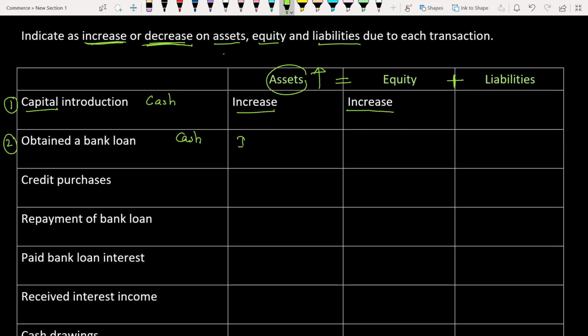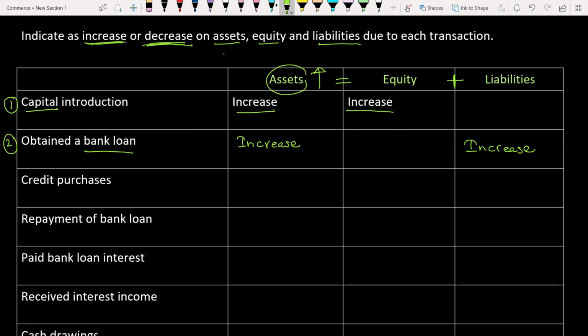So let's write increase. What else? Bank loan is a liability. So what happens to the total liabilities? Liabilities of the business also increase. So let's write increase.